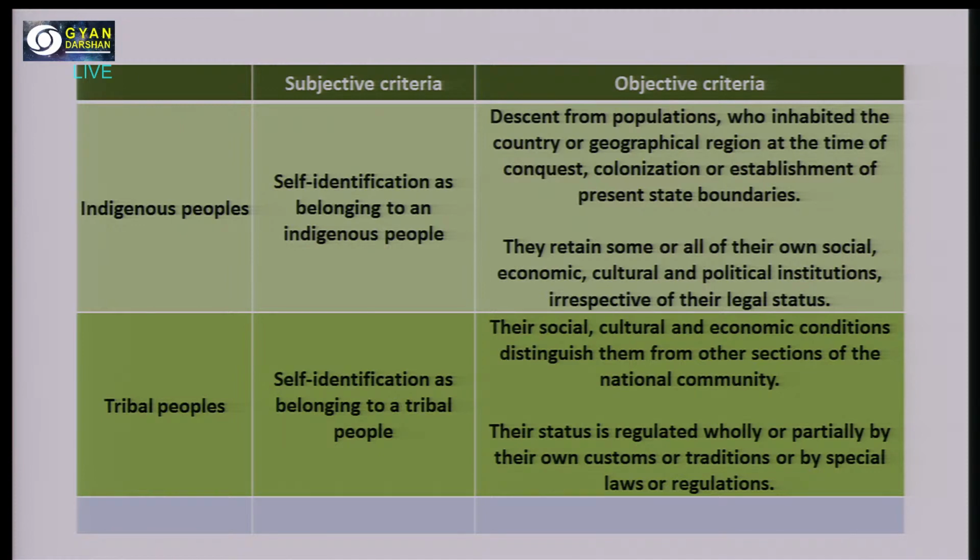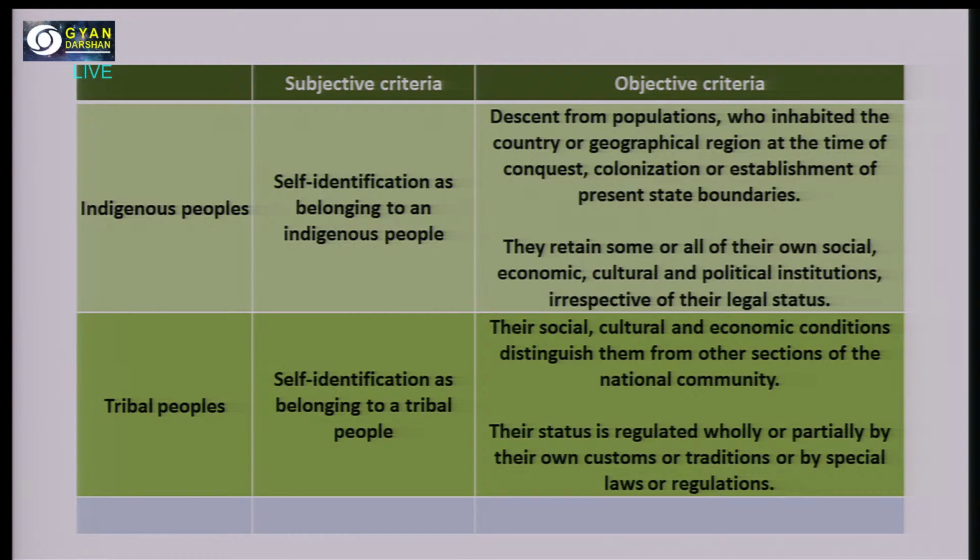Number one, in terms of indigenous, the subjective criterion is self-identification as belonging to an indigenous people. And for tribal people, the subjective criterion is self-identification as belonging to a tribal people. So these are the two subjective criteria.